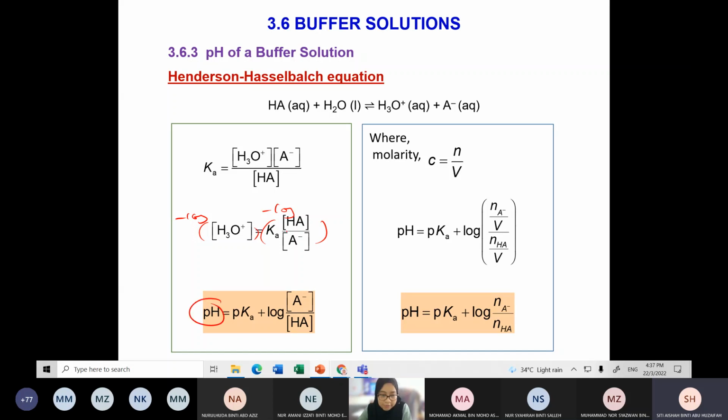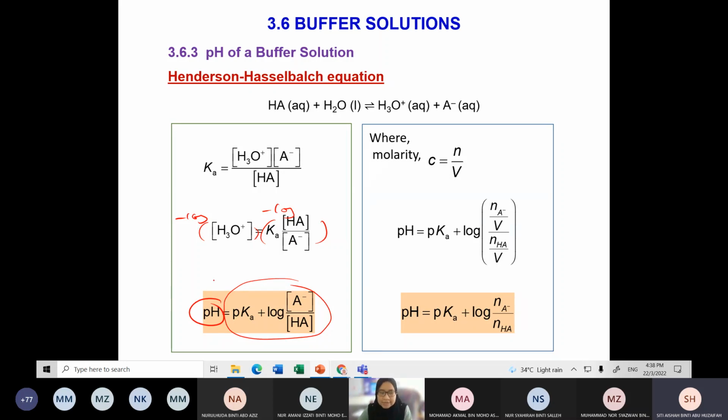So ni logarithm, maksudnya how do you expand from negative log of this into this. Ini patut you lagi tahu matematik daripada saya. Okay, so you negative log, since this is darab, so dia akan jadi tambah, betul tak? And ni HA over A minus sebenarnya kenapa dia terbalik? Because dia adalah operasi tolak sebenarnya kan.